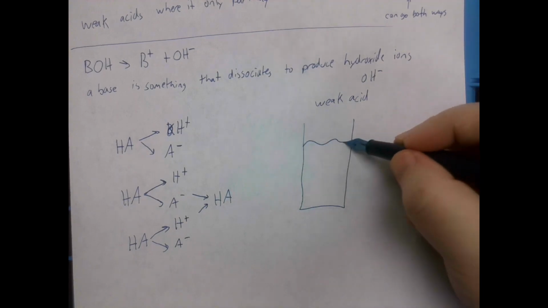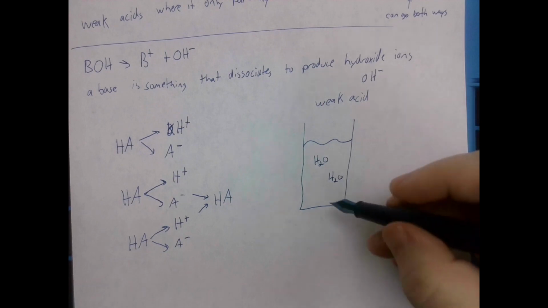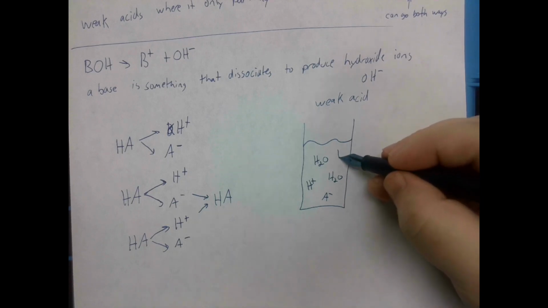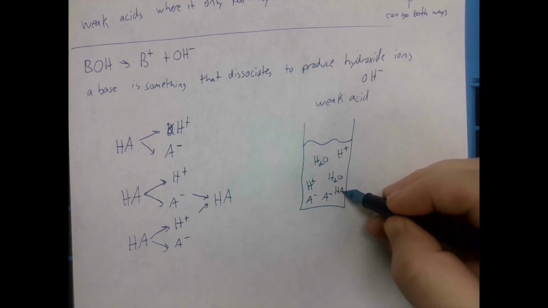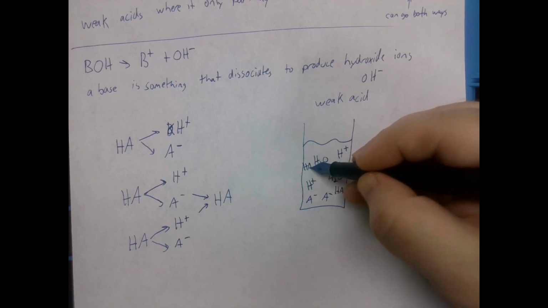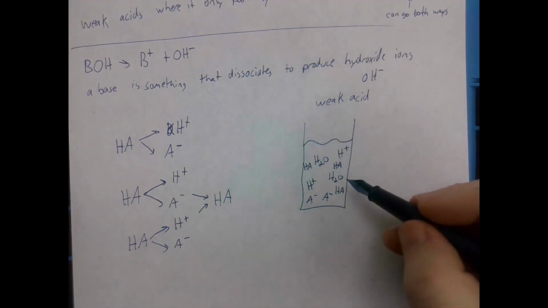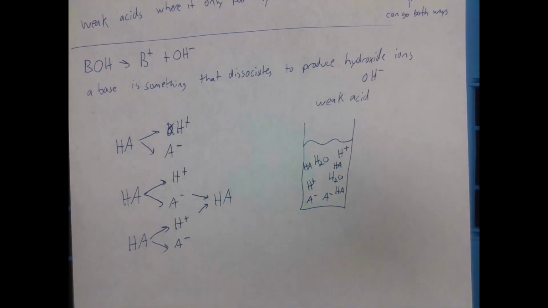We will see inside of it water molecules, H plus ions and A negative ions, but we'll also see HA, the acid molecule, as a whole. So in a weak acid, some of the acid molecules haven't broken apart into ions.